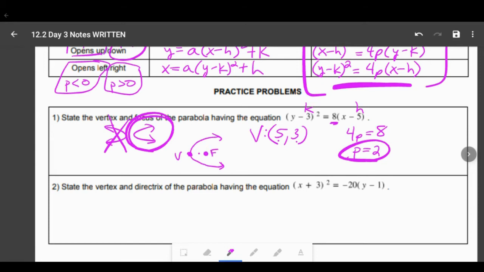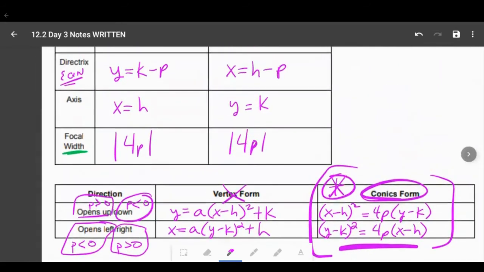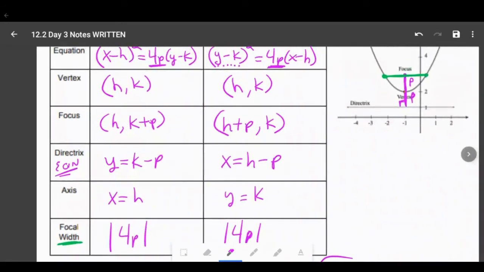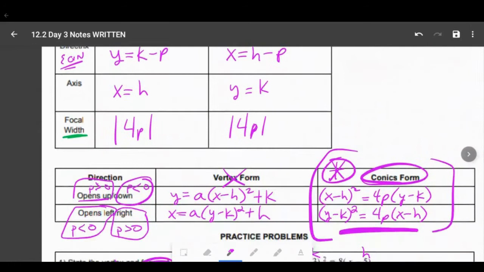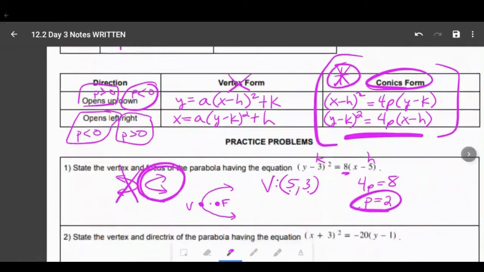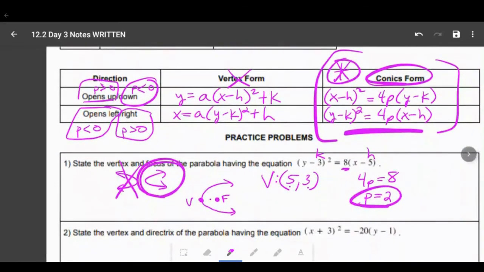You can either go up to the equation we had at the beginning, which says to find the focus, go h plus p comma k, and you can memorize that and use that, and that's perfectly fine. But like I said, if you're a visual learner like I am, what you may want to do is say, well, if I start at (5, 3) and I take 2 steps to the right, my focus is going to be at (7, 3). And that will give you the coordinates of that focus.